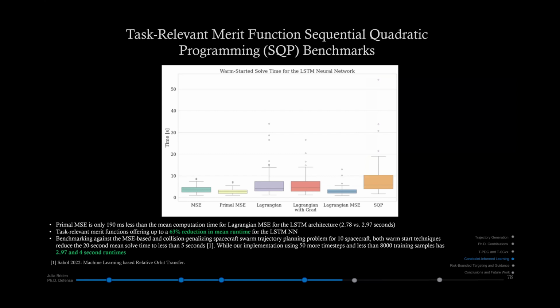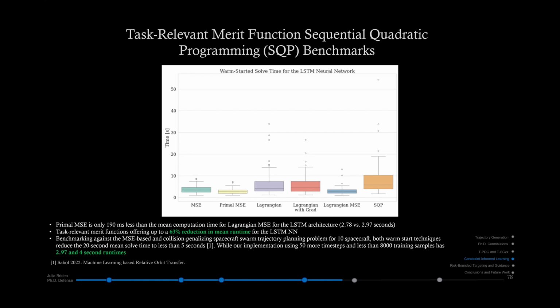And then for some timing benchmarks compared to our full SQP, or sequential quadratic program, in orange, we see that primal mean squared error and Lagrangian mean squared error are quite similar in terms of mean computation time. So both are about 3 seconds. Specifically, when applying these task-relevant merit functions, we saw reductions in mean runtime when compared to the SQP by up to 63%.